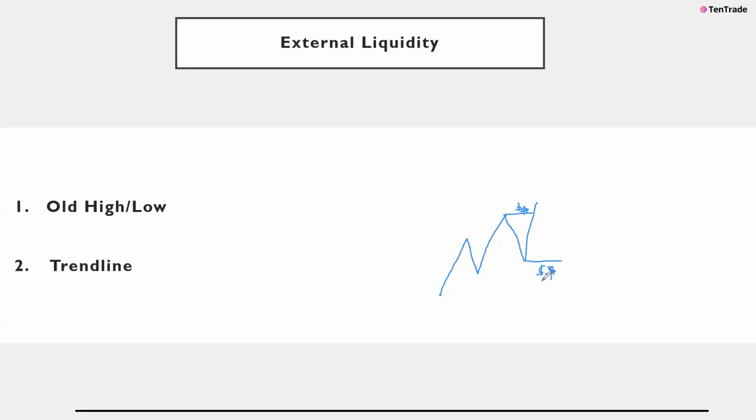Now, external liquidity within an impulse leg, which is a bullish market environment, is what is responsible for two things. If external liquidity is taken at this low, right? If they take this one, you're expecting a serious expansion to the upside, serious expansion.